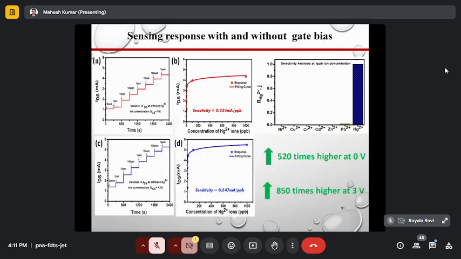So if we take the 1T and 2H mixed phase, our sensing response is very good here. Around 520 times is higher at 0 volt, when we are not applying the bias. If we apply the bias, we can improve this one by 150 times.